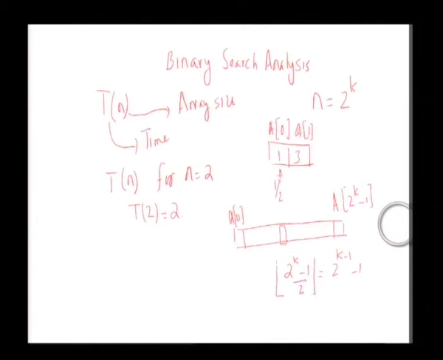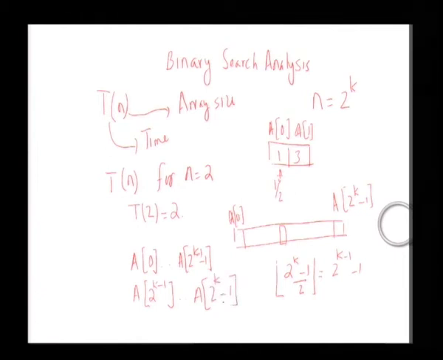Therefore, as you can see, after the first comparison, the relevant part of the array would be the range a of 0 to a of 2 power k minus 1 minus 1, or a of 2 power k minus 1 to a of 2 power k minus 1.